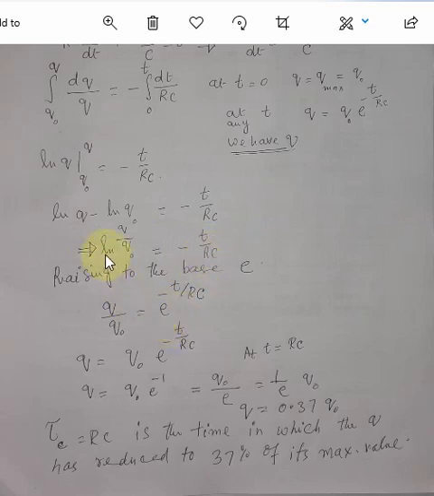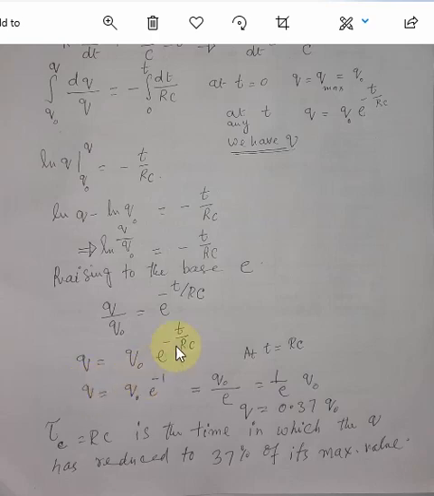So here the log is removed, and here we get this thing in the power of e. Rearranging further, we get Q equal to Q naught times this exponential term. Now this is the value of Q at any instant of time t.